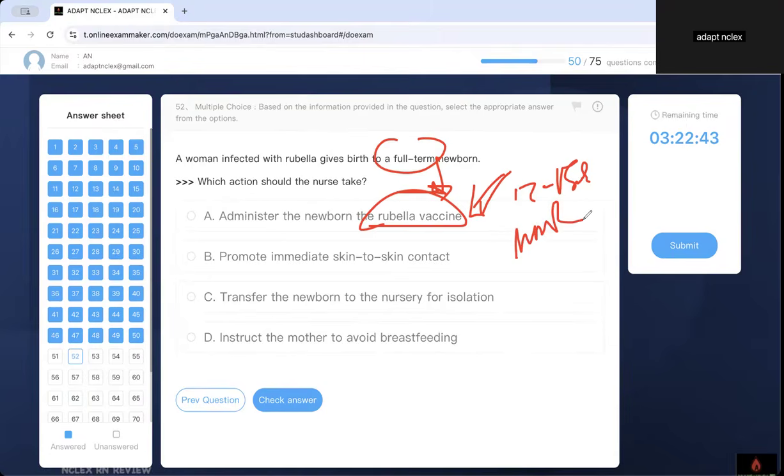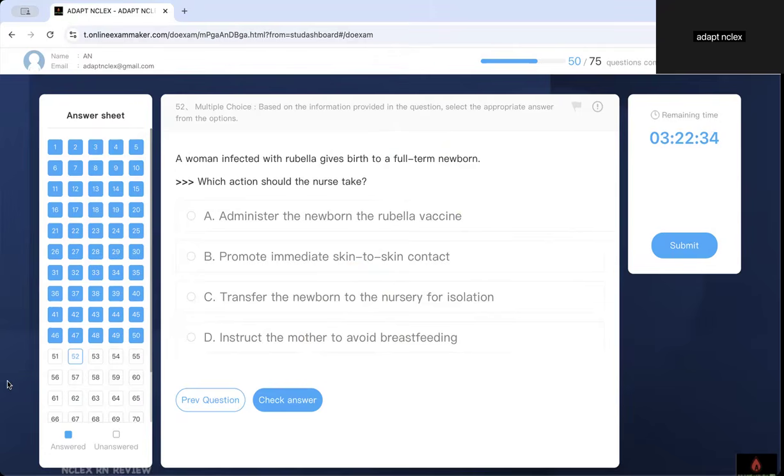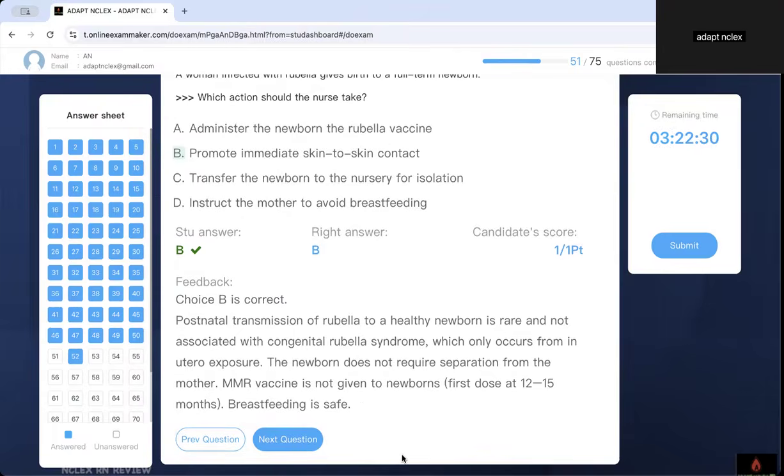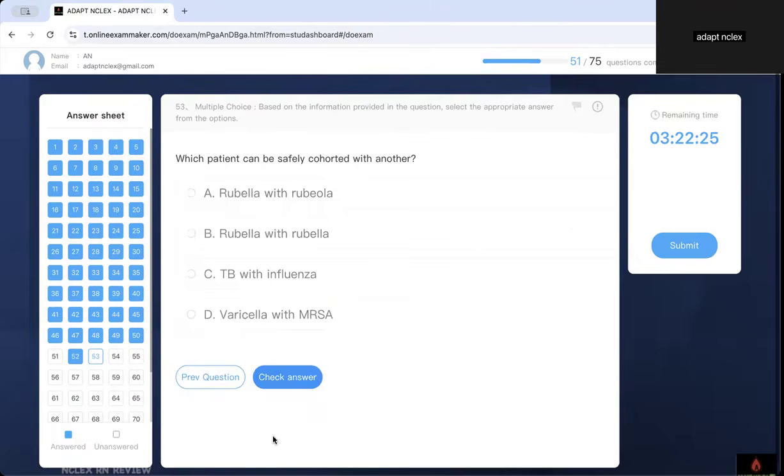That's not acceptable, so we cannot isolate them. You should not avoid feeding. And you see how all the answer choices are related? Skin to skin. This is the concept here. Master it, master it, master it.